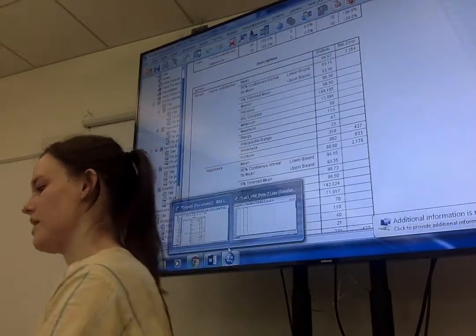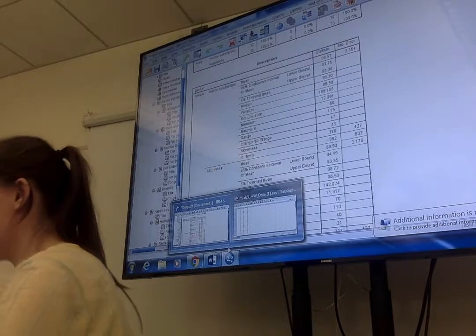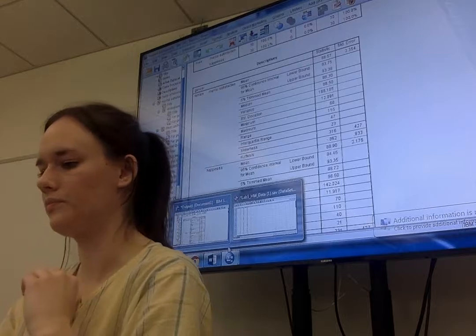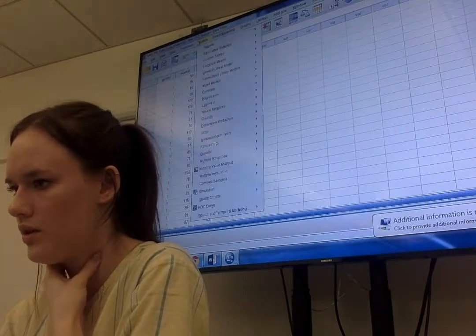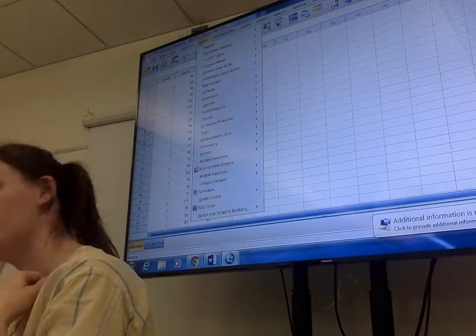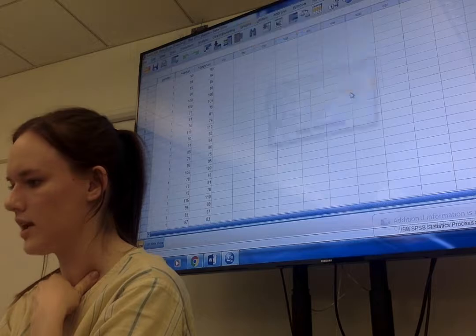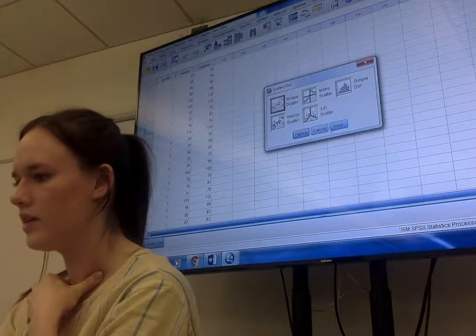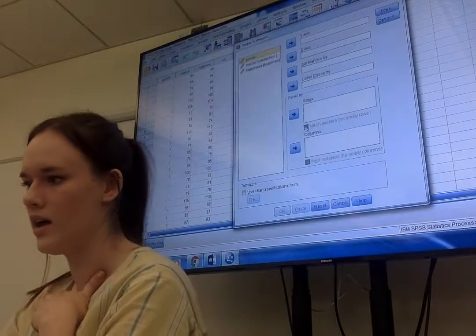Okay, so to do the bivariate normality, we're going to use a scatter plot. So you're going to go to Graphs, Legacy Dialogs, and then Scatter/Dot. And then Simple Scatter. You can mess with these other ones if you'd like, but the simple scatter is what we'll use.